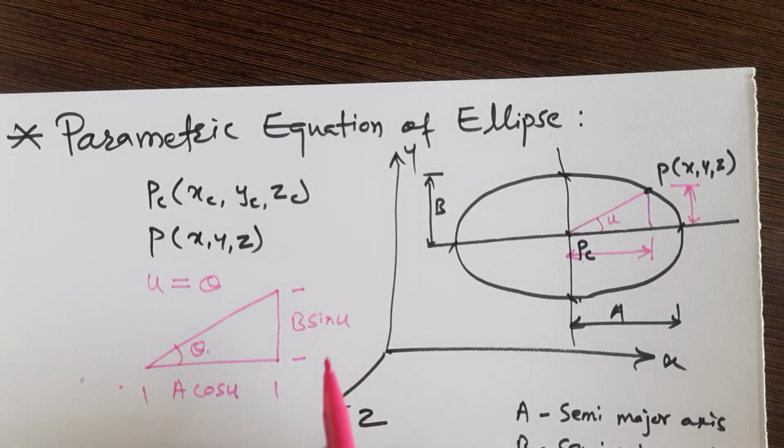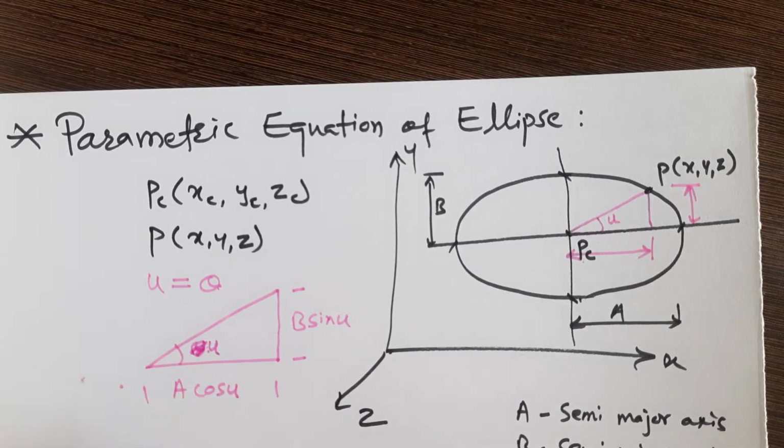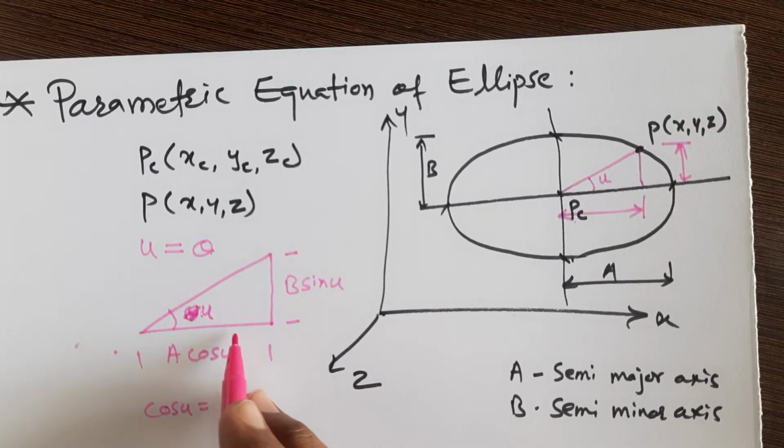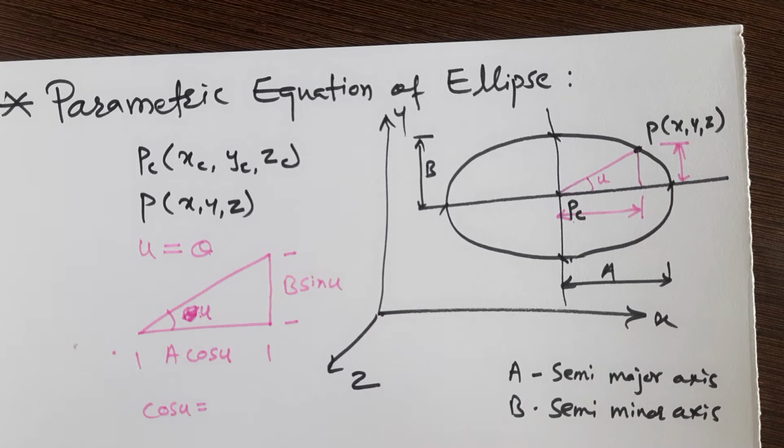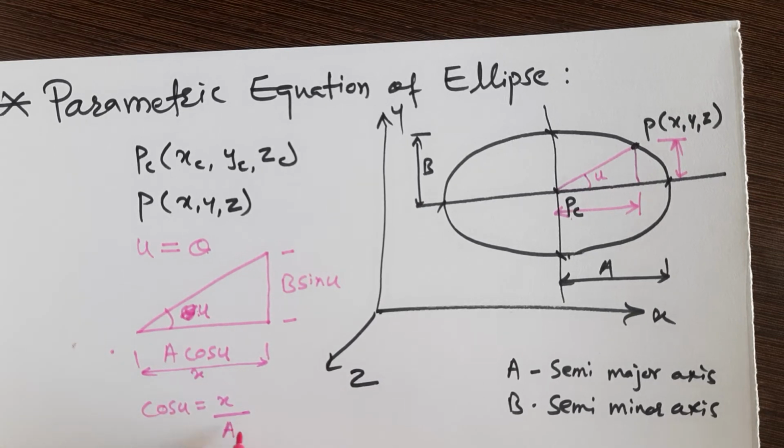So cos of u is equal to adjacent side divided by hypotenuse. The adjacent side is this side, let us say this is x. So x divided by the hypotenuse a, so x will be a cos of u.